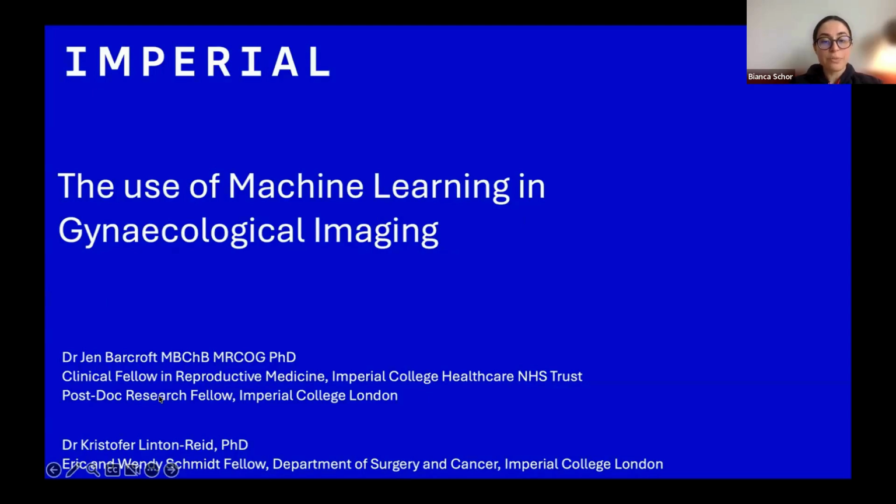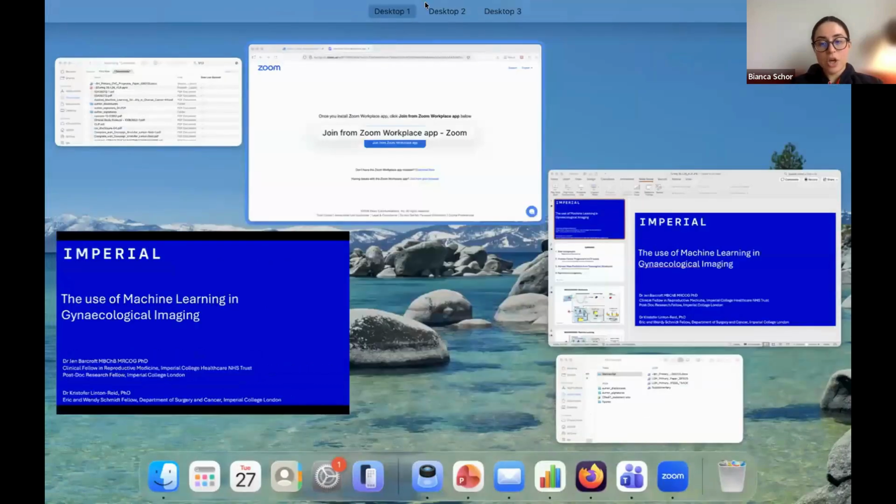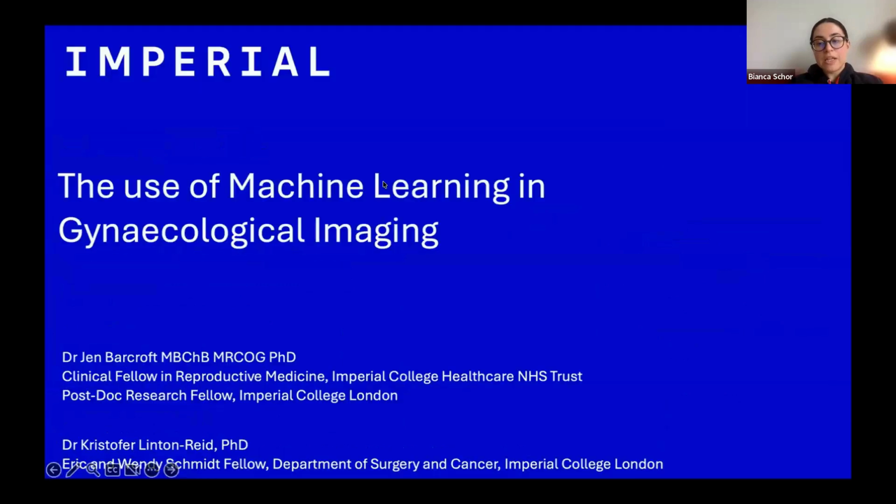Through his fellowship and collaborative work with clinicians and academic partners, Dr. Linton-Reid is focused on bridging methodological innovation and real-world clinical impact, accelerating the adoption of trustworthy, foundation model-driven AI systems in obstetrics, fertility, and gynecological imaging.